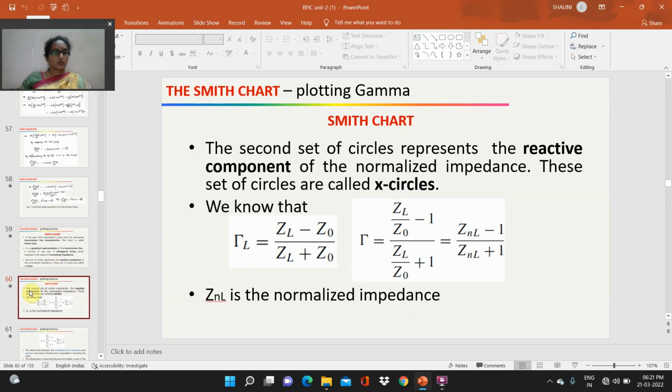Gamma L is equal to (ZL minus Z naught) by (ZL plus Z naught).